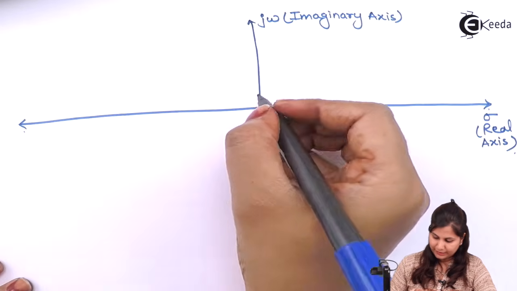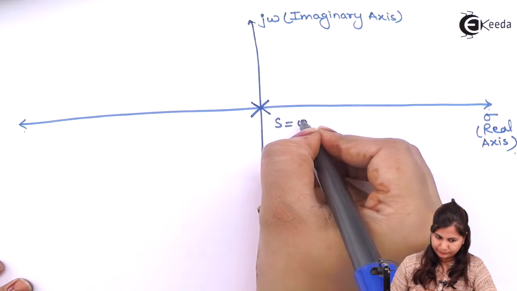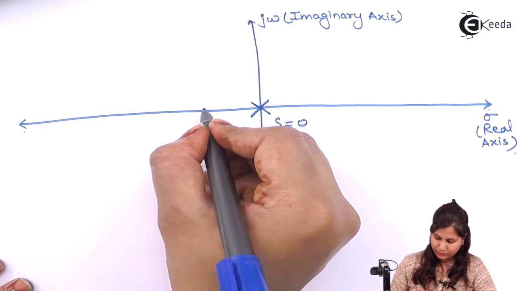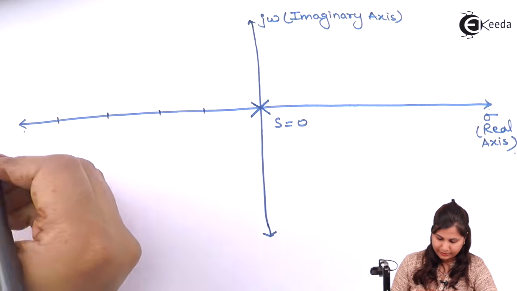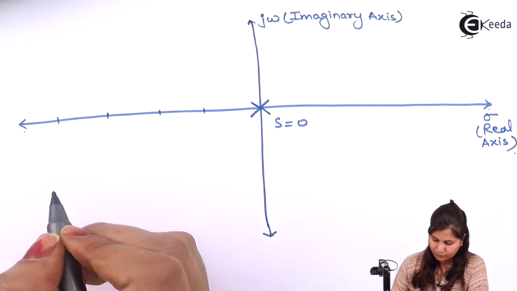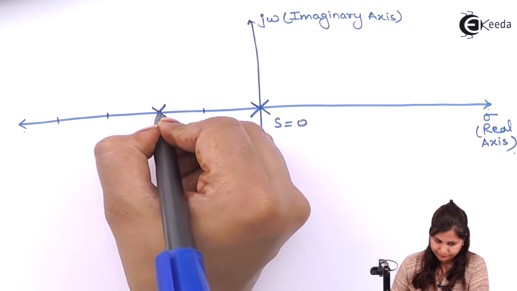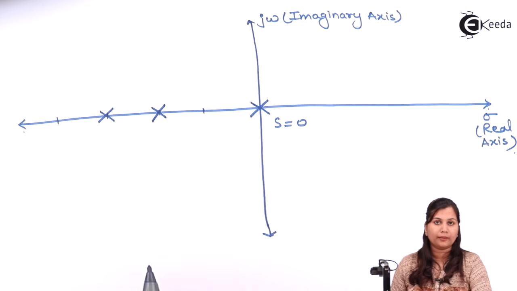Okay. S equals 0, we are having a pole. Then minus 1, minus 2, minus 3, minus 4, and this is infinity. So we were having s equals minus 2 and we are having s equals minus 3 as a pole.